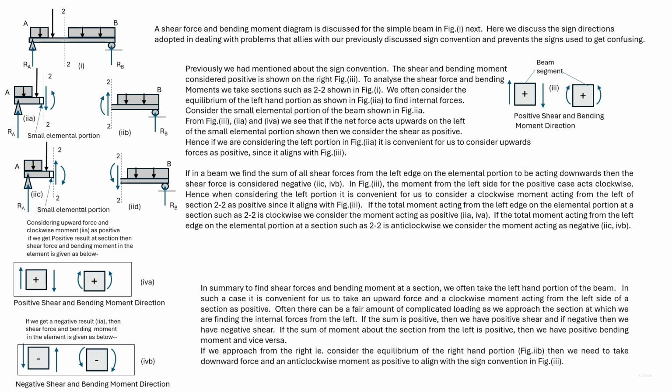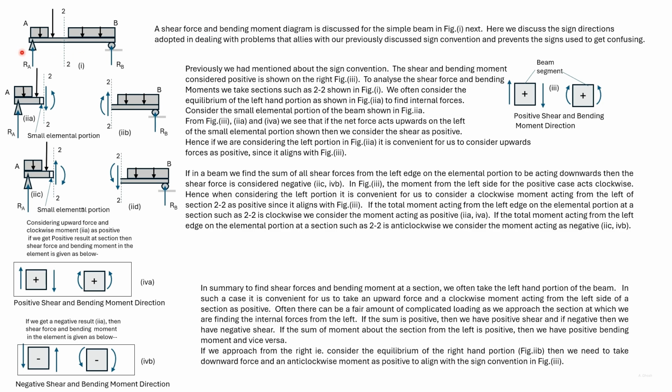We have already chosen a sign convention. So we have assigned the direction of positive shear force and positive bending moment. Before we start looking at bending moment and shear force diagrams, we need to ascertain the direction of the force and moment, say taken from the left side, which we will consider as positive, so that we match the sign convention.